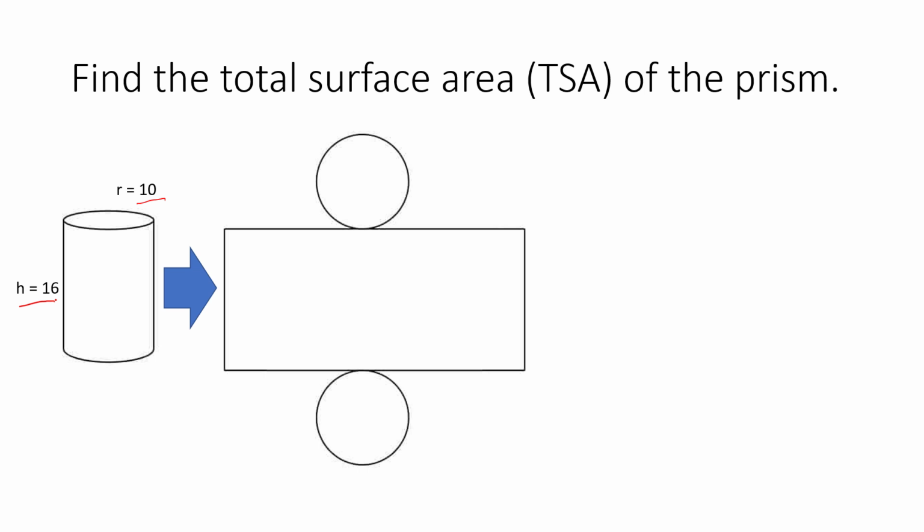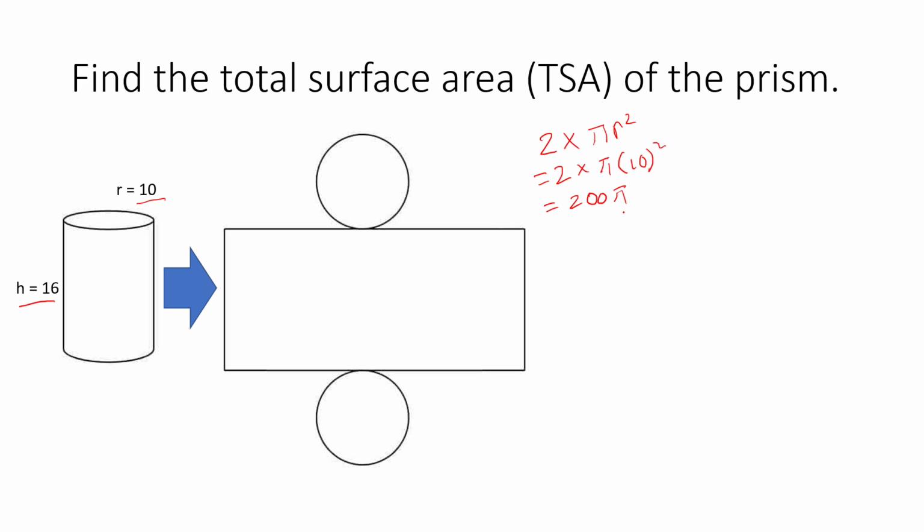Now, if you have tried it out, let's look at the solution. So I first want to find the area of these two circles. So I take 2. Formula for area of circle is pi r squared. So it will be 2 times pi r squared, which is 10 squared, and I will get 200 pi.